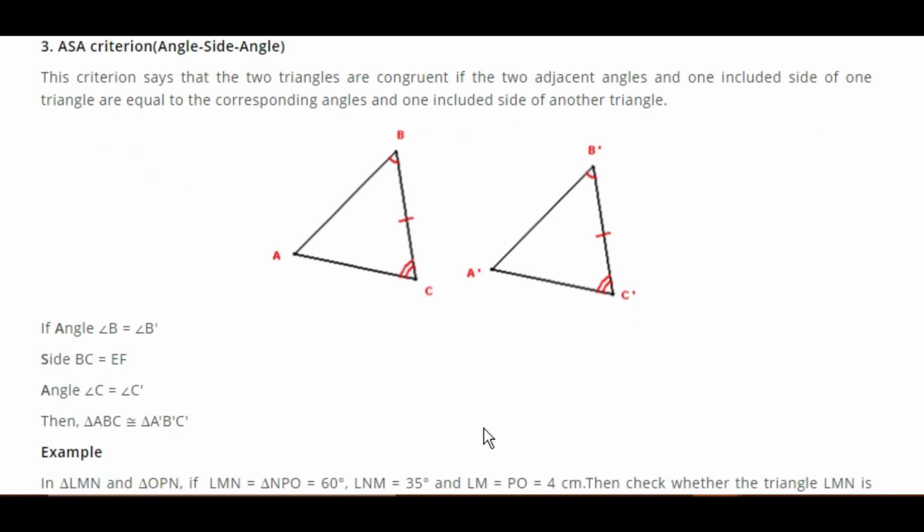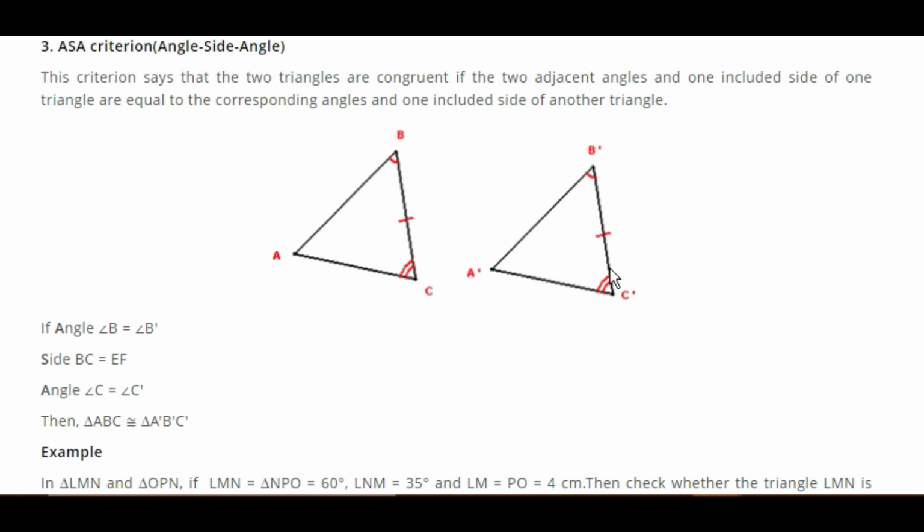Now next is angle side angle. This says that two angles and the side formed between them should be equal. So here, the first angle is B and the second angle is C, and here B dash and C dash. These two angles form on the common arm BC.